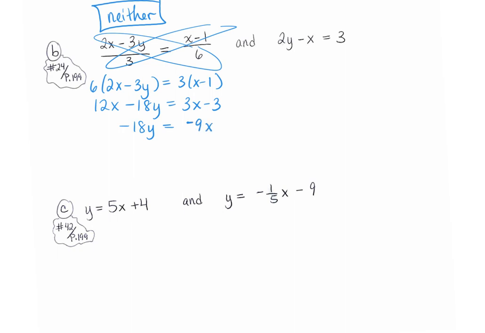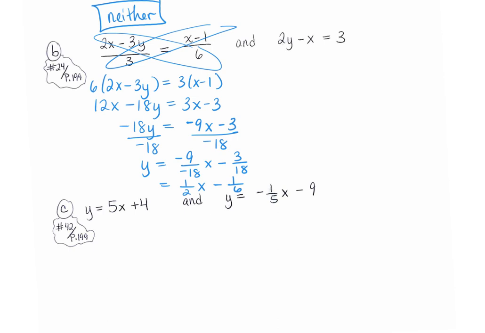Good, negative 9x minus 3. Then we divide both sides by negative 18. That gives us y is equal to negative 9 over negative 18 x minus 3 over 18, which is the same thing as 1/2 x minus 1 over.